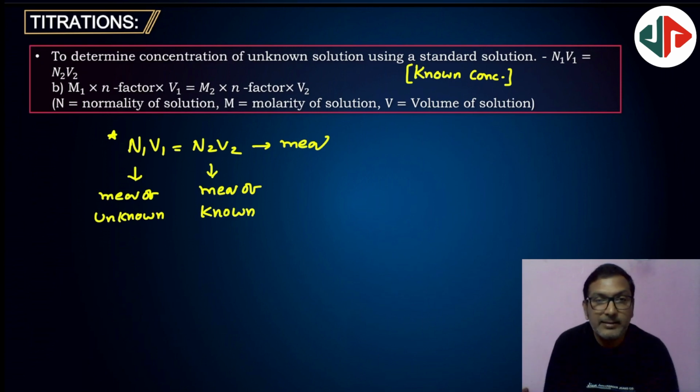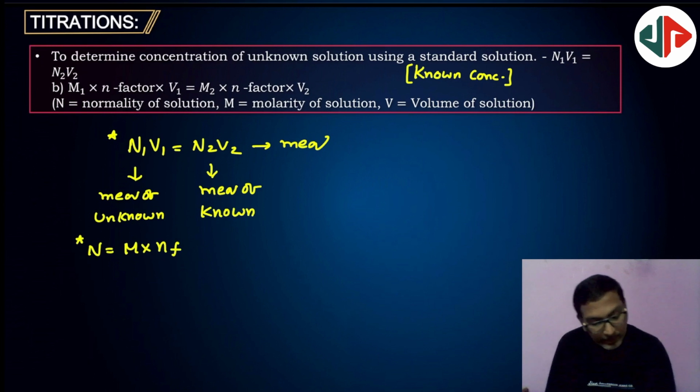Law of equivalence. Next again, normality equal to molarity into n factor. Remember this. In place of normality, we can write molarity into n factor. Next, one more point.